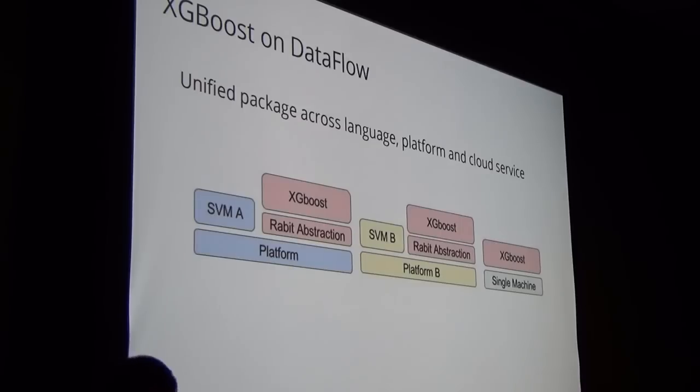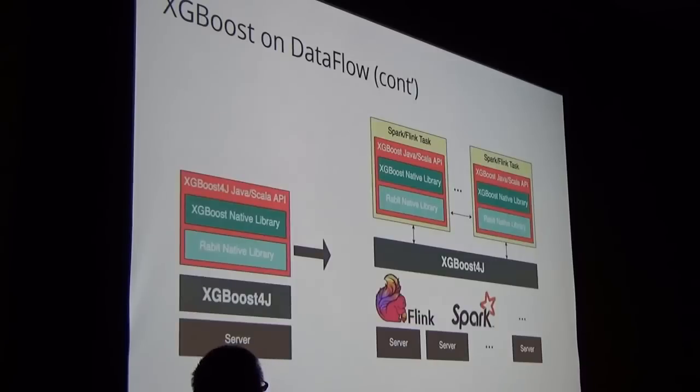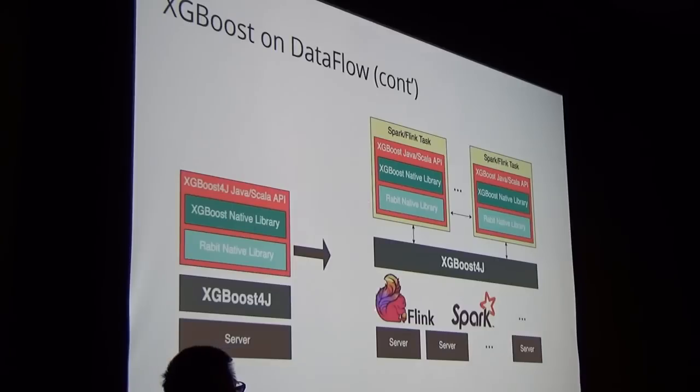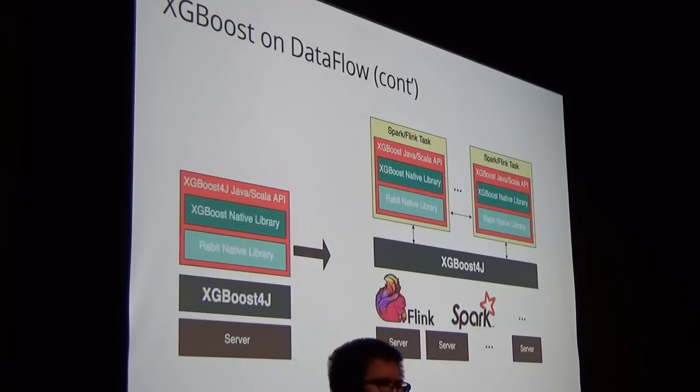What we want to do instead is provide a unified piece that you can use in any environment that you have. As an example, what we built is XGBoost on a dataflow pipeline that integrates XGBoost natively into a JVM stack, so that this framework can run natively on top of Flink and Spark. And the framework is quite portable, in the sense that you can even port it to any of the cloud dataflow systems that you can find in the existing cloud market.